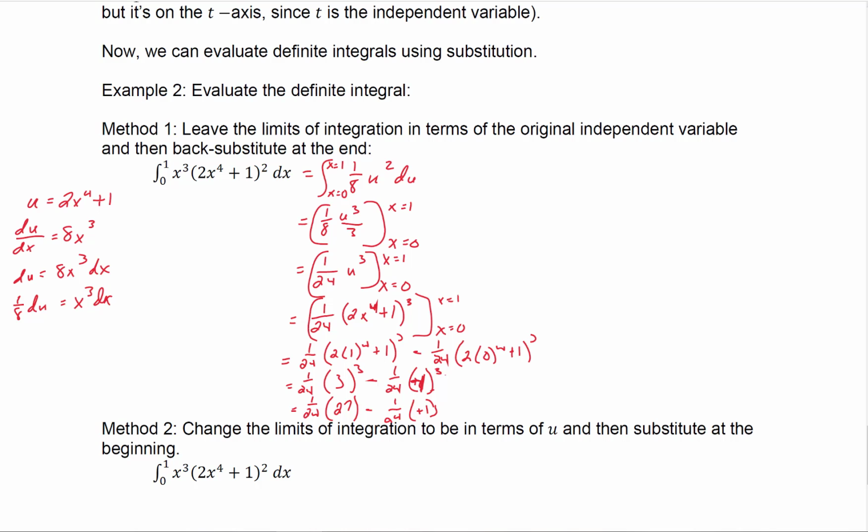And so we end up with 13/12 whenever you simplify.